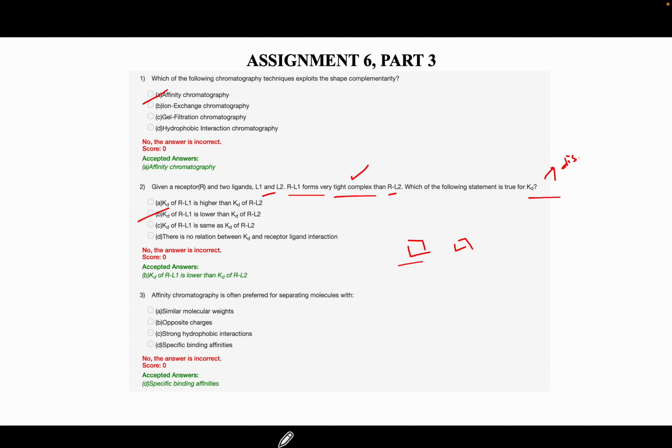Answer will be B. Affinity chromatography is often preferred for separating molecules with similar molecular weights, opposite charges, strong hydrophobic interactions, specific binding affinities. So in affinity chromatography, we are relying on binding affinities, right? So it's often preferred for separating molecules with specific binding affinities.